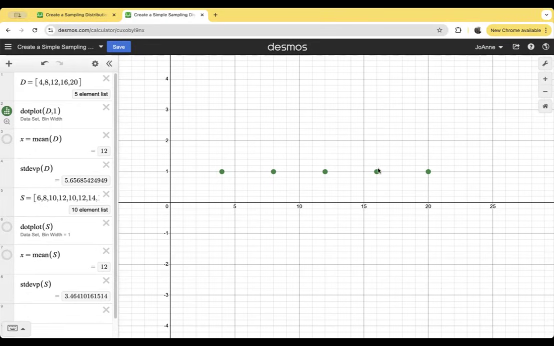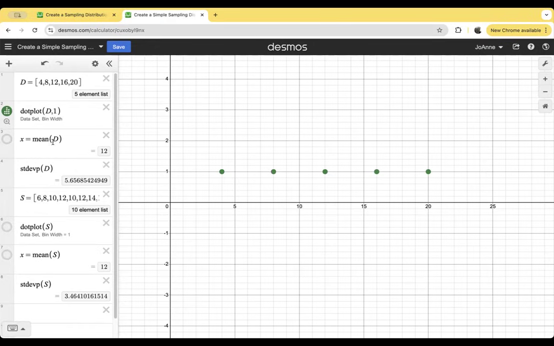The spread is really symmetrical. We have an equal distance between each point. And the spread of our distribution is the 5.6569 number that we got off of our calculator. I also have that available here in Desmos on the left.